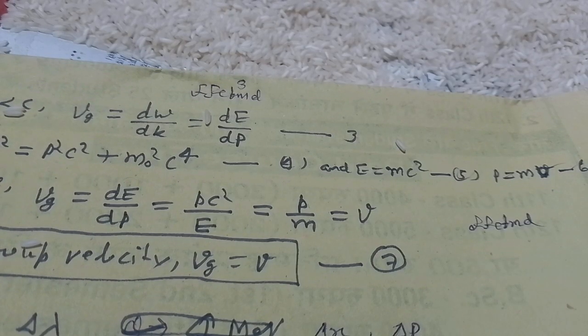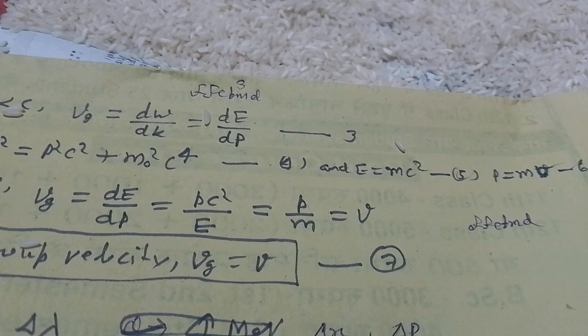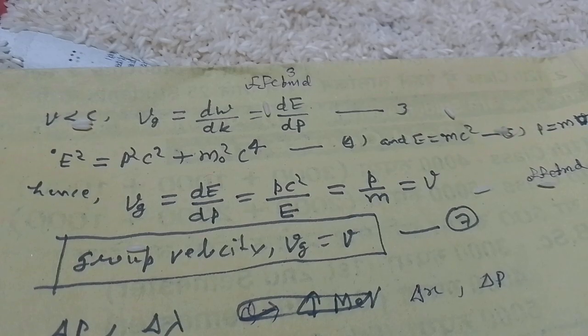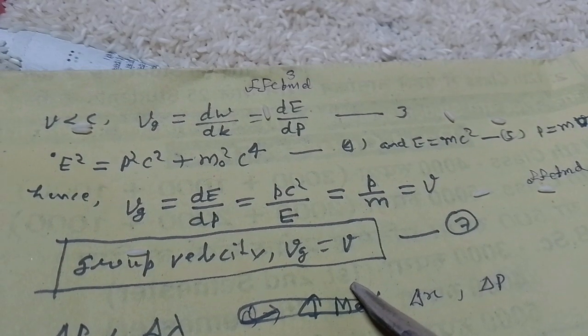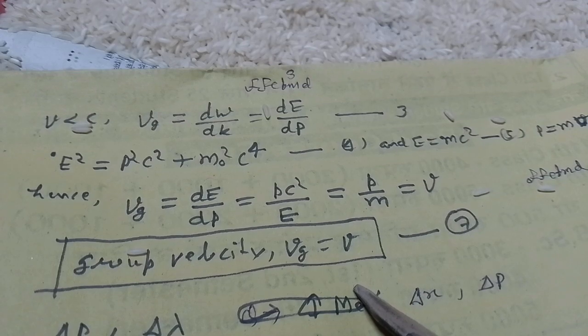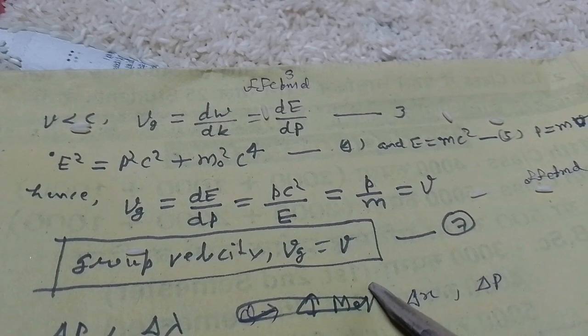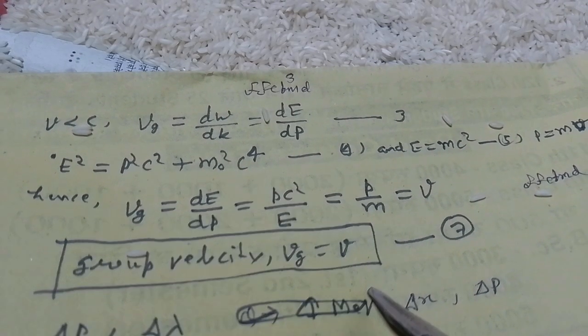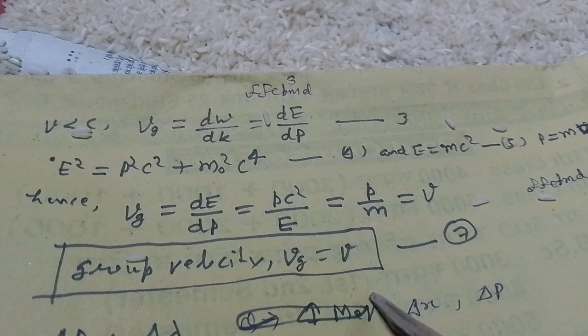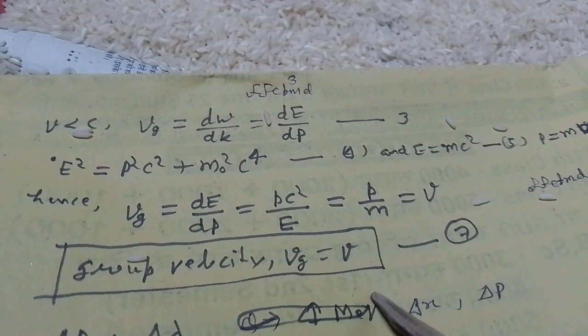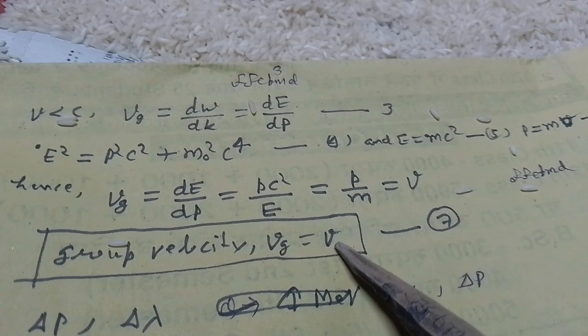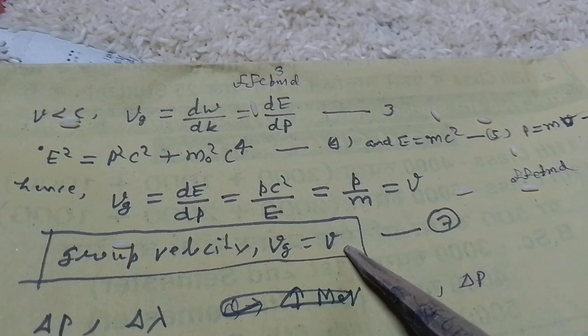So using these equations, we obtain the group velocity given by v sub g equals v. This is equation 7. Thus we see that the group velocity of the wave packet is nothing but the particle velocity, because v is the particle velocity.